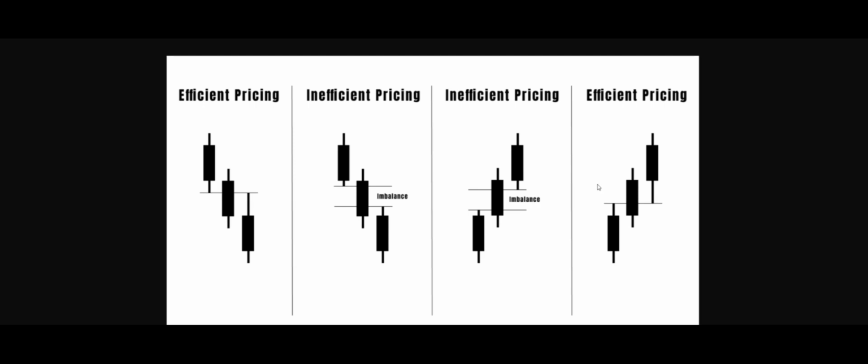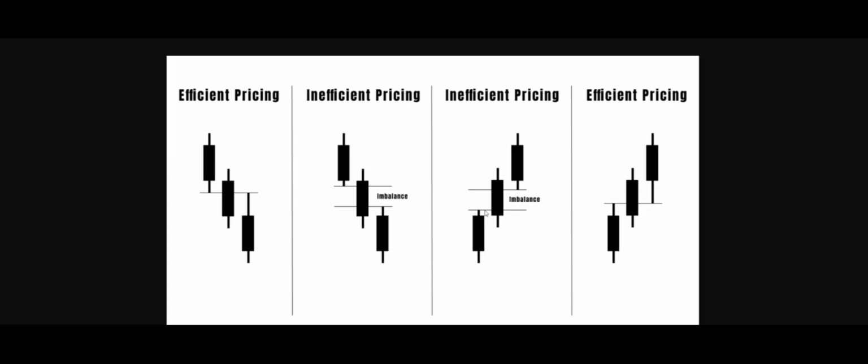To go a bit more in depth, inefficient price will usually come when we see 3 bullish or 3 bearish candles in a row. Like I said, it's a 3-candle move, so you've got to focus on the 3 candles. When bullish inefficiency is formed, with price moving upwards and an imbalance in price, it essentially means the market has nothing but buyers.